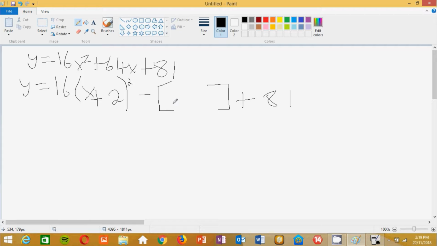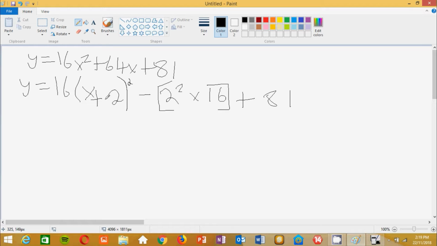Now inside the bracket, what am I going to do? Remember, I'm going to take this 2, I'm going to square it, and then I'm going to multiply it by 16. So I'm going to say 2 squared multiplied by the 16.